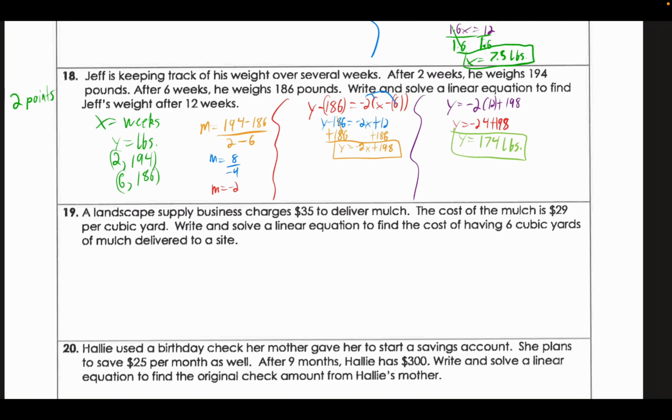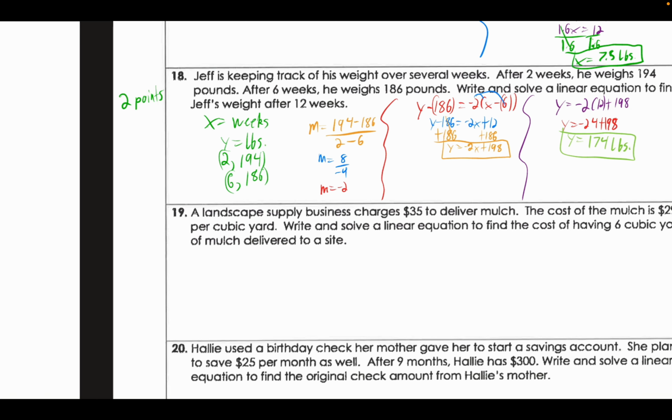Number 19, a landscape supply business charges $35 to deliver mulch. The cost of the mulch is $29 per cubic yard. So I'm going to pause there and notice, hey, this is a flat fee, and this is $29 per cubic yard. That looks like slope, and that looks like a starting point.